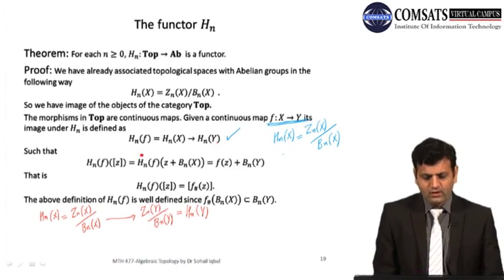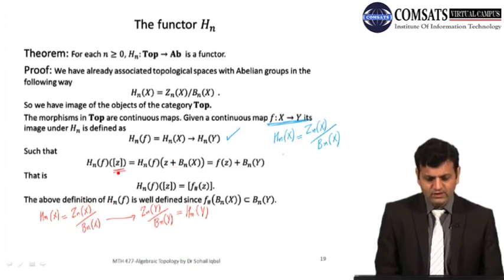So now how do we define the image? Of course, the elements of Hn(X) are basically the classes. So what are the classes? If I have any element, the class of z is equal to z plus Bn(X).